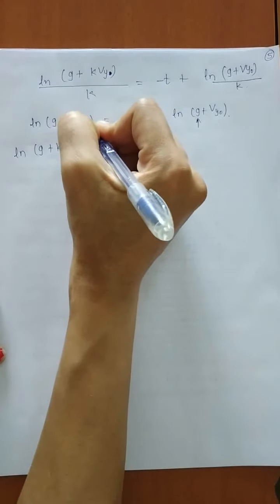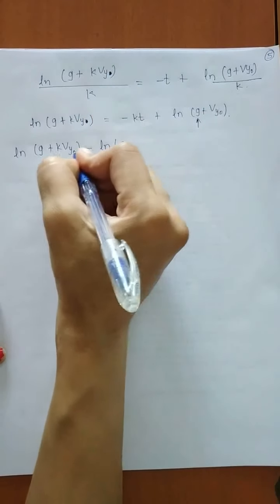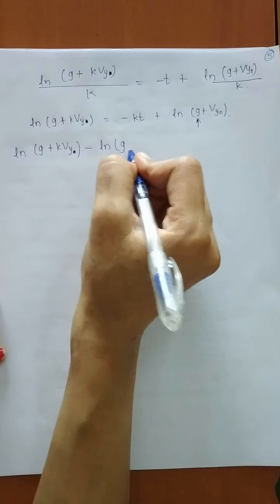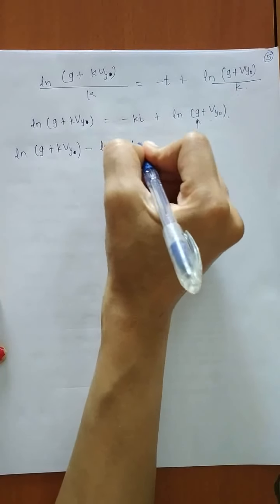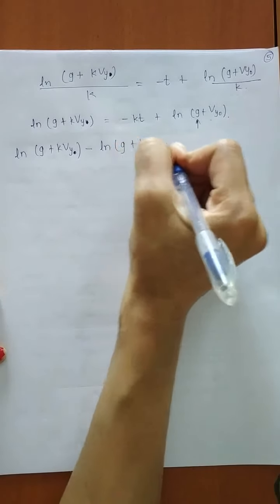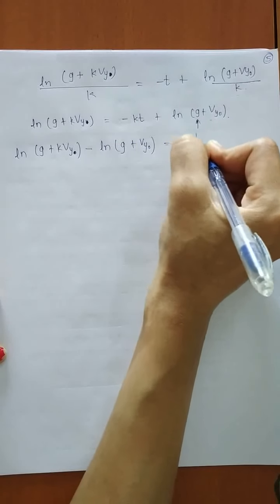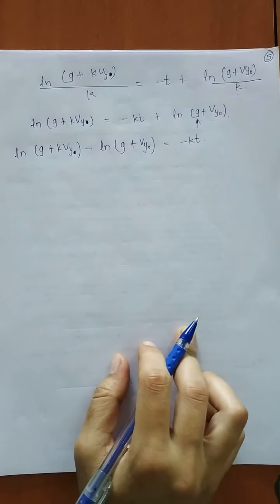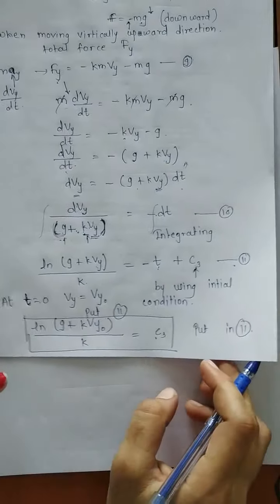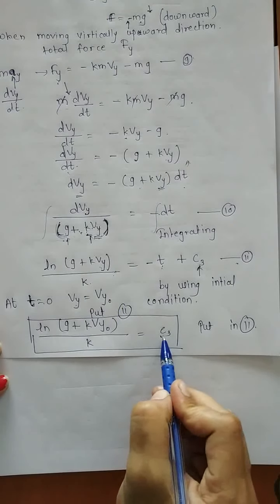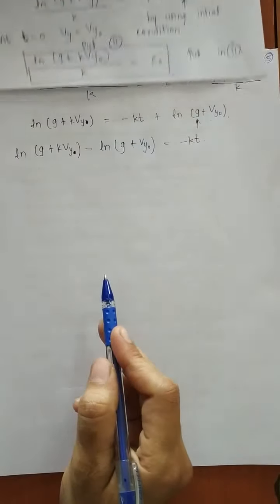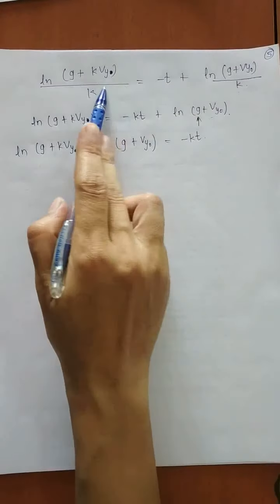Sorry for this, in equation 11 you have vy here, there is no naught in equation 11. This is our equation 11. We have put this C3 in equation 11. By substituting these values, we are getting this equation.